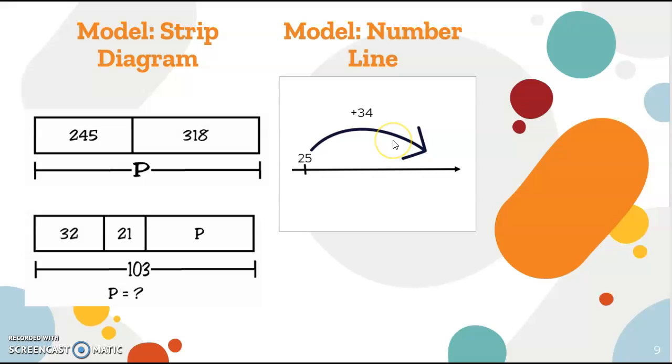When we are using the number line for addition, notice that our point starts on the left and we are moving to the right of the number line because our numbers are increasing. So we are going to now get started on solving problems involving more than one operation. We call those multi-step problems or two-step problems.